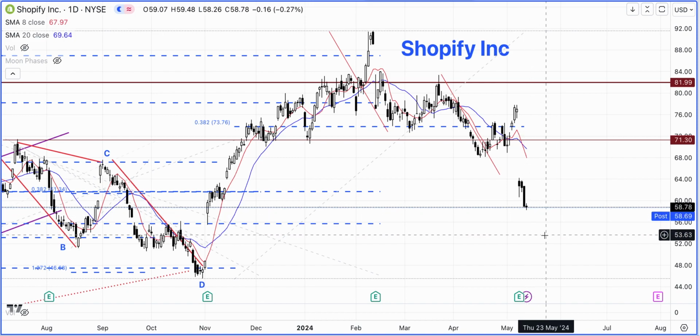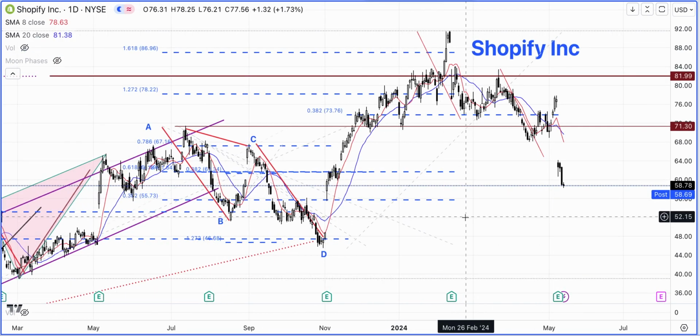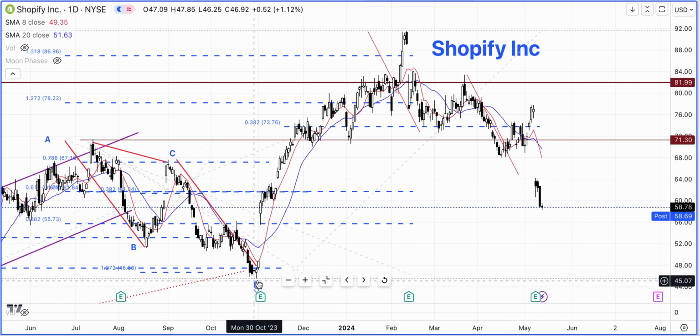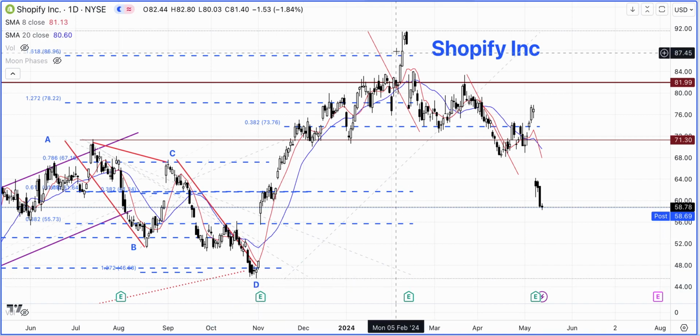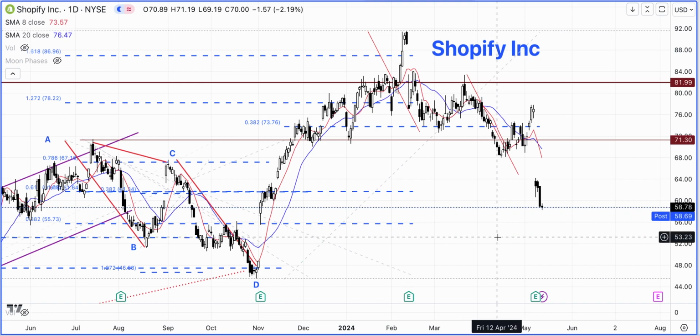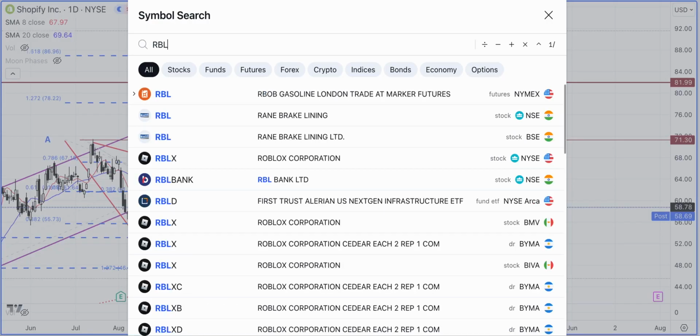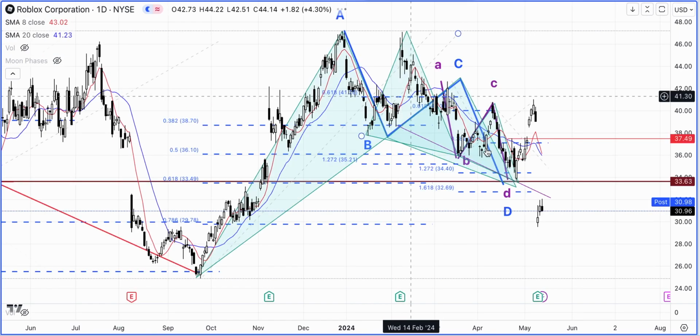Today is forming a very narrow trading range. However, this 54 level, that's the 78.6% retracement from this low to that high, this is where the stock could actually go, maybe $4 lower. That remains a possibility. Last but not least, let's take a look at Roblox.